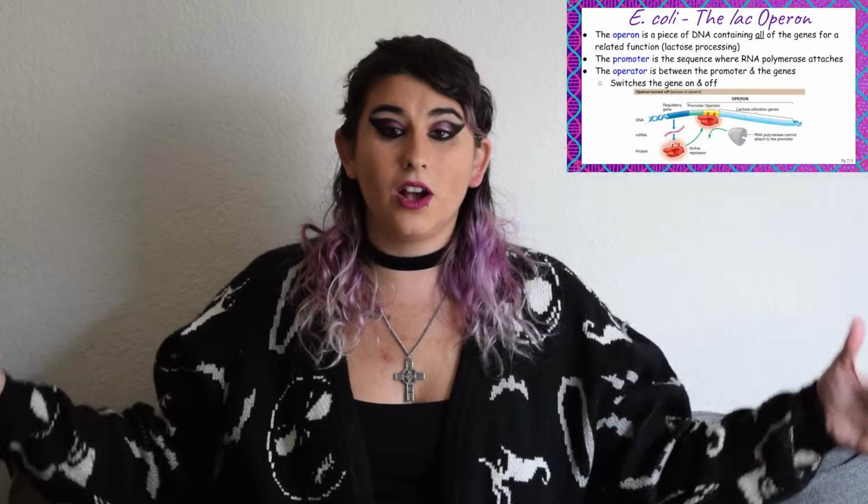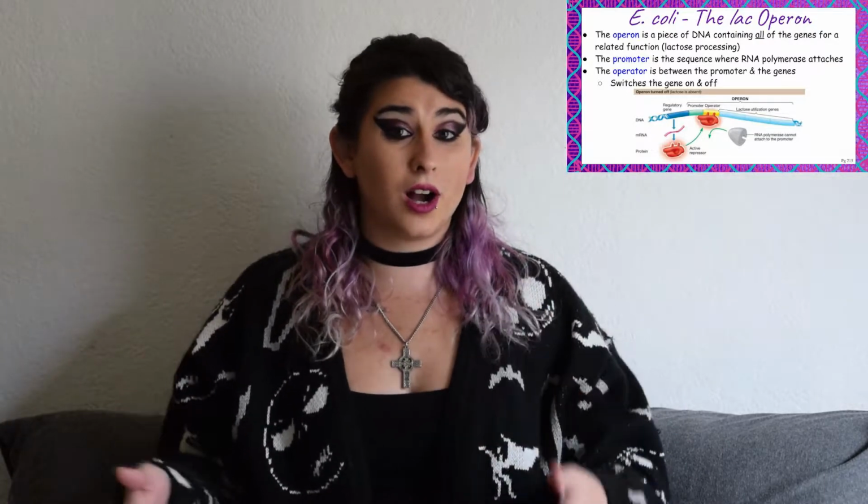The first thing we need to talk about today is something known as the operon. And the operon is basically a stretch of DNA containing all of the genes necessary for a related function. The specific operon we're going to talk about right now is the lac operon, and this contains the genes necessary to produce the enzymes to process lactose in that E. coli.